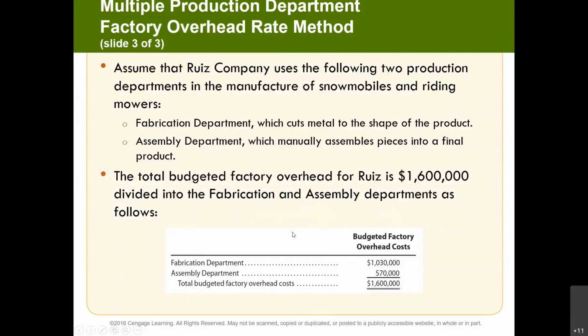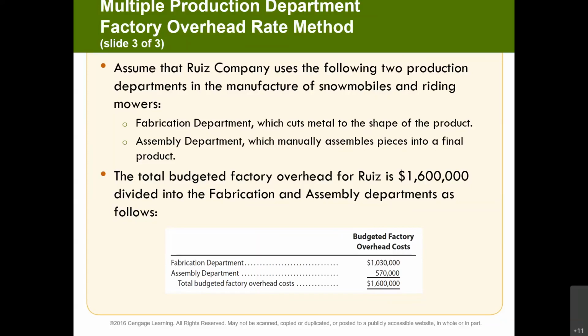So let's look at it from our example. We assume the company is using the following two production departments in the manufacturing process of snowmobiles and riding mowers. You have the fabrication department, which cuts the metal and shapes the products, and you have the assembly department, which manually assembles the pieces into the final product. As you know, we have an annual budget for factory overhead of 1.6 million.